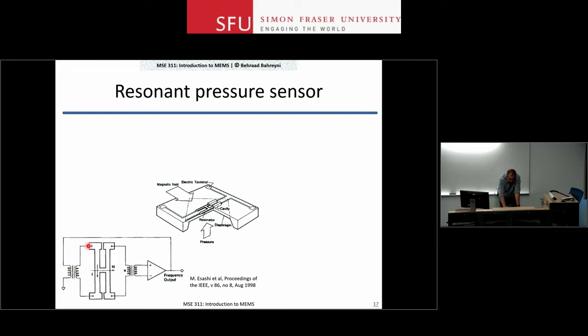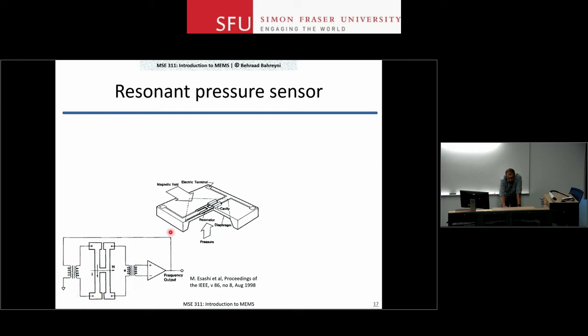What they did is that they passed a DC current through one arm here, and put a strong magnet underneath this structure, so the Lorentz force would push this arm left and right. On the second arm, they measured the voltage that was produced. Remember that if you move this inside the magnetic field, you get an EMF. So they measured the voltage produced across this second arm as an indicator to monitor the resonance, right?